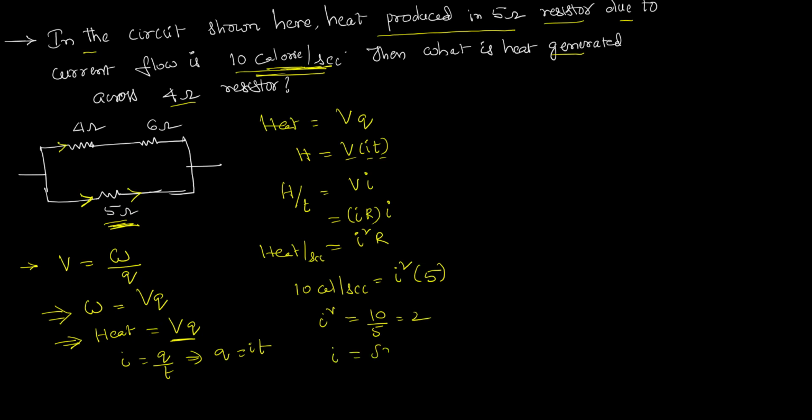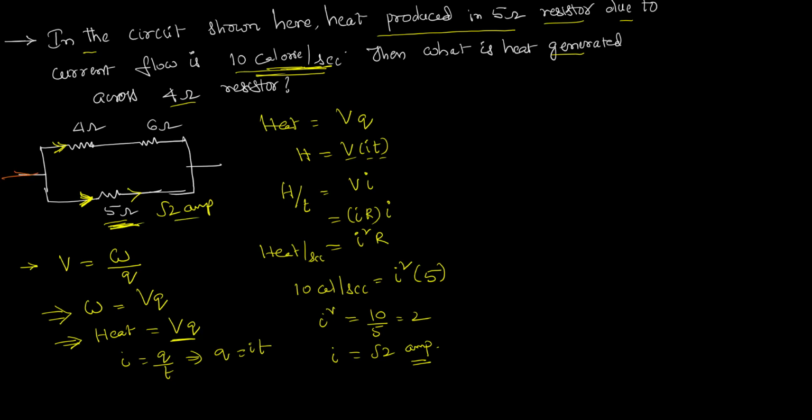That implies I equals root 2 amperes. I know the current across this now is root 2 amperes. I want the heat across this, therefore I need to know the current across this 4 ohms. I know the current across the 5 ohms, but I want the current across this 4 ohms.